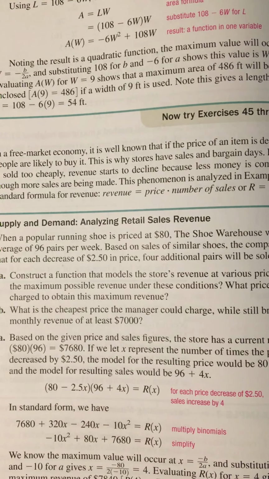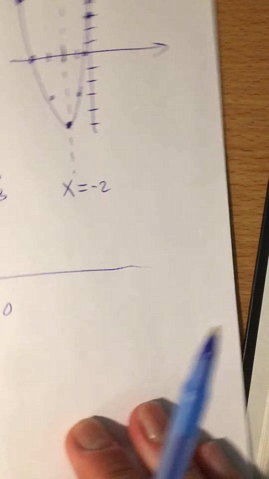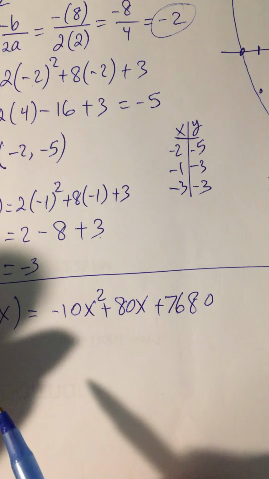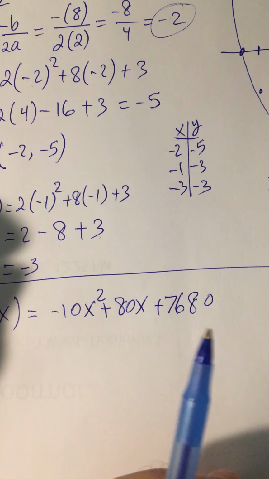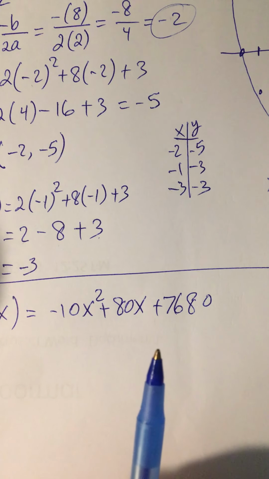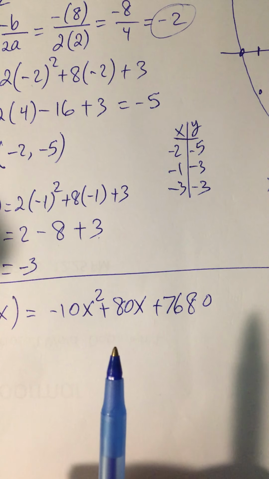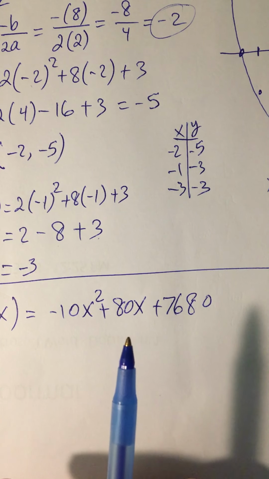So x is the number of times that the price is decreased. So if I want to get the maximum for part A, it says, what is the maximum possible revenue under these conditions?